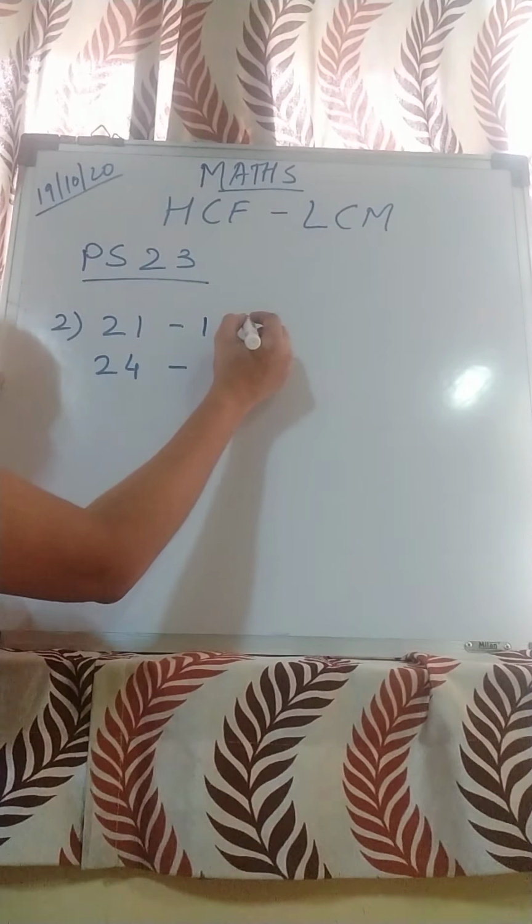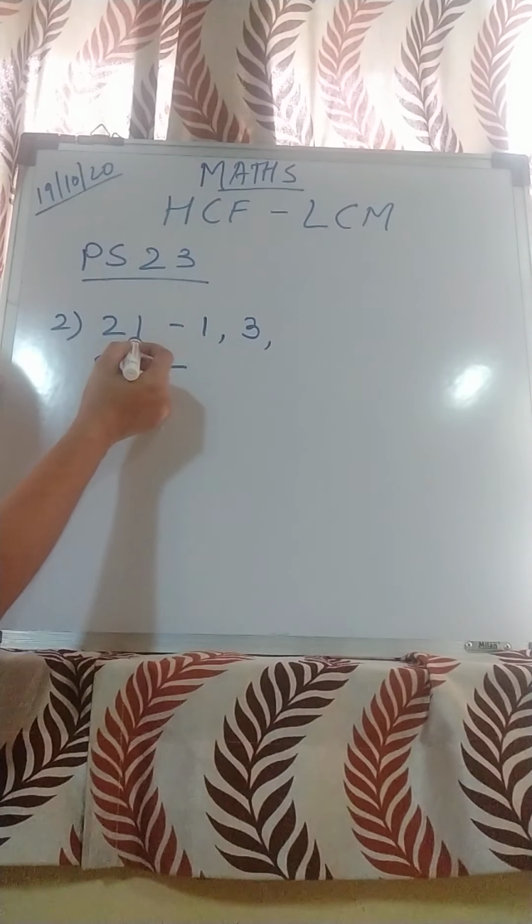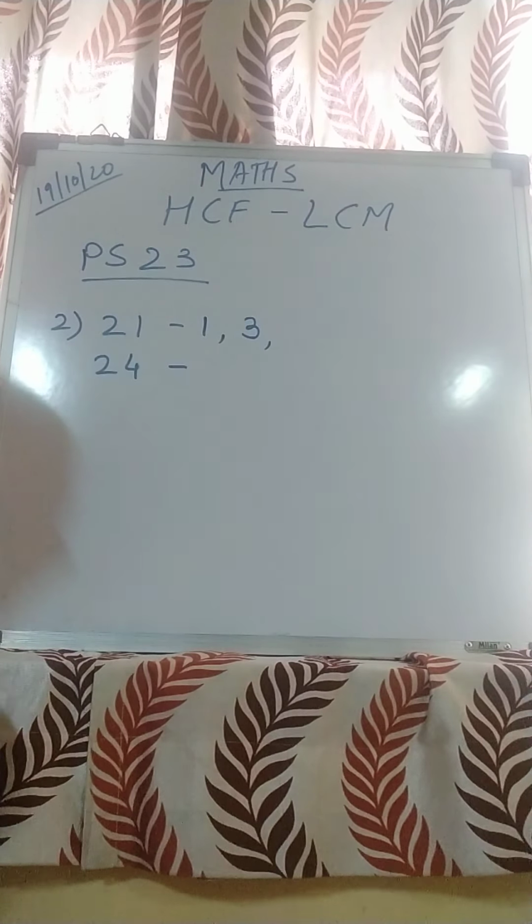Now 4: the divisibility test of 4 is the unit place and tens place; if that is divisible by 4, then the complete number is divisible by 4. 21 cannot divide by 4. Next is 5: when the unit place has 0 or 5, it is divisible by 5. So here it is not possible.